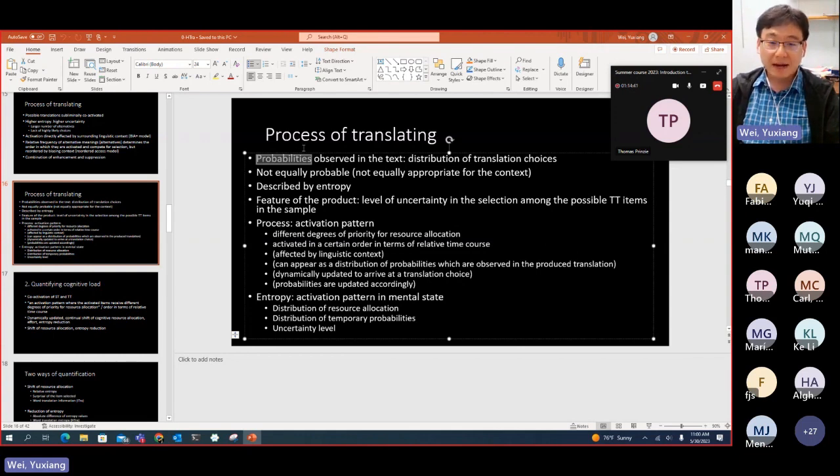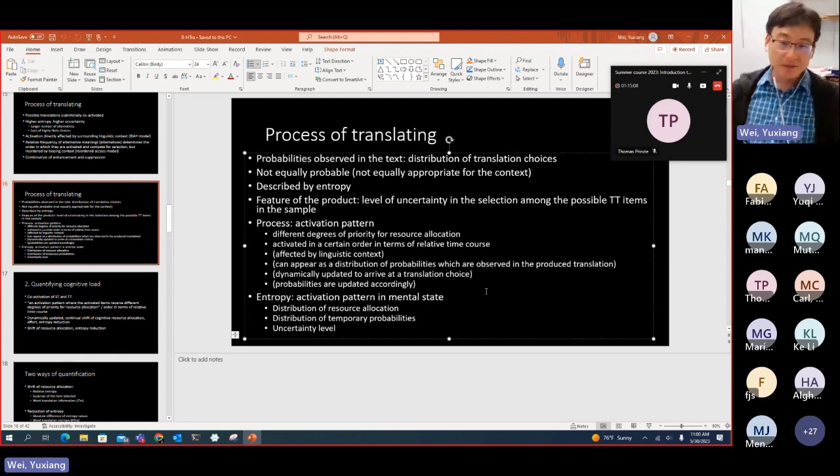But in practice, this entropy is operationalized as an approximation from the experimental session. So in the CRITT database, the HTra value more closely relates to the choices that all these participants make rather than all the available choices out there in the language itself. Yeah. Thank you.